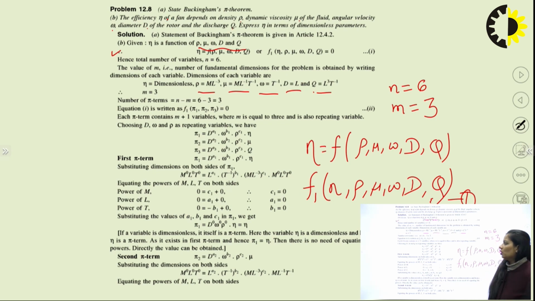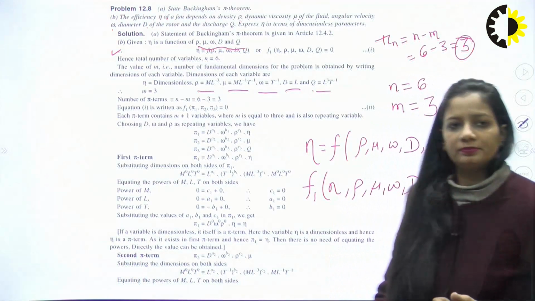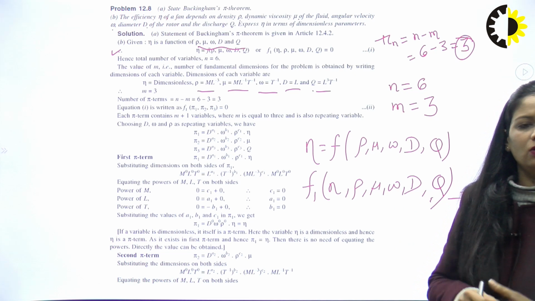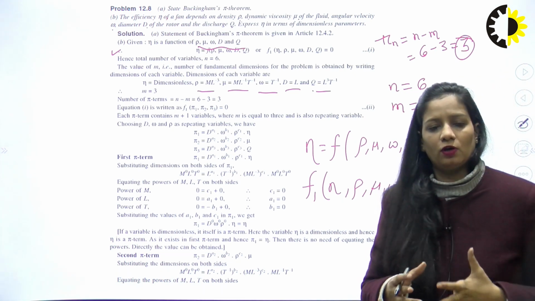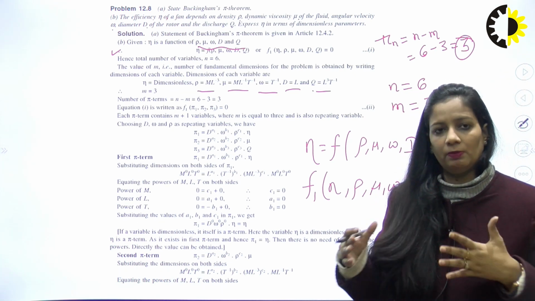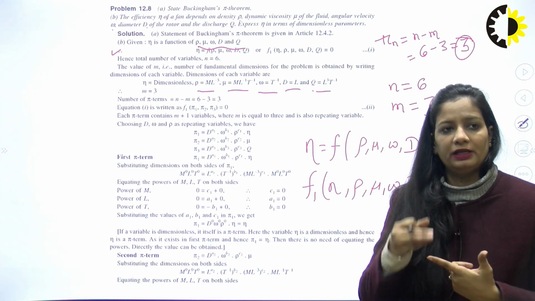So what will the number of pi terms be? The number of pi terms is equal to n minus m, that is 6 minus 3, which is equal to 3. Now we know that we need to formulate 3 pi terms: pi 1, pi 2 and pi 3.